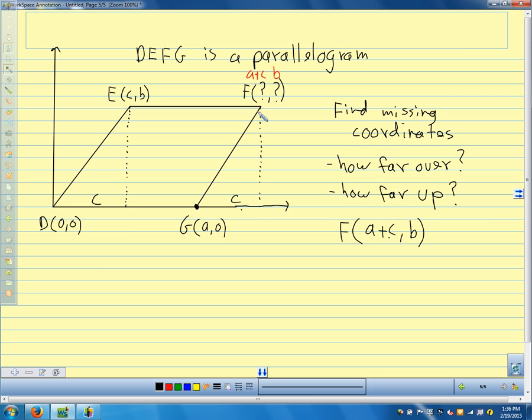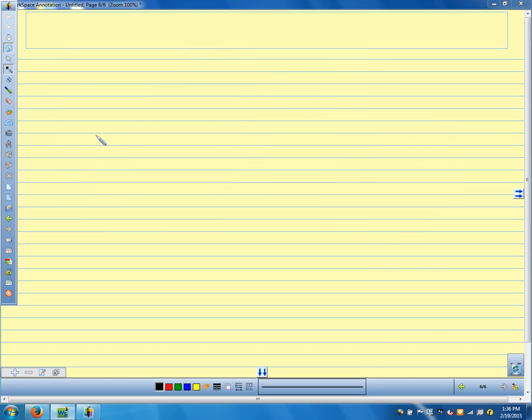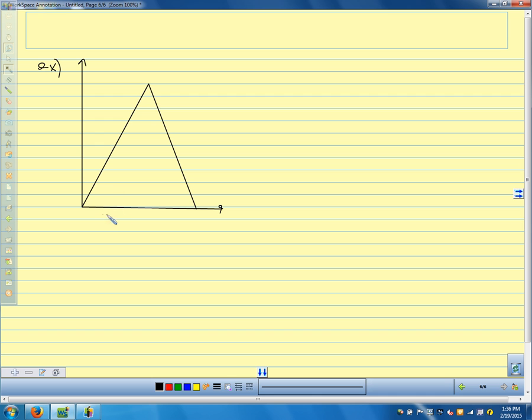All right, one last example and then we're done. So I'm going to sketch or graph a triangle here. And we're going to say that A is at the point 0, 0. B is at the point 2A, 0.